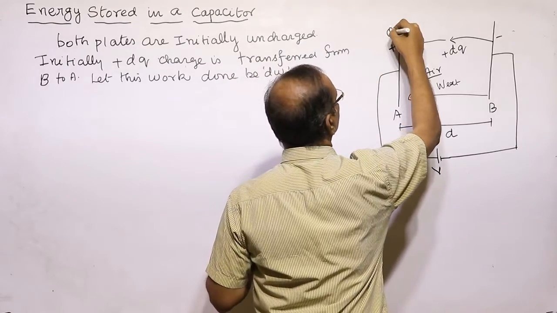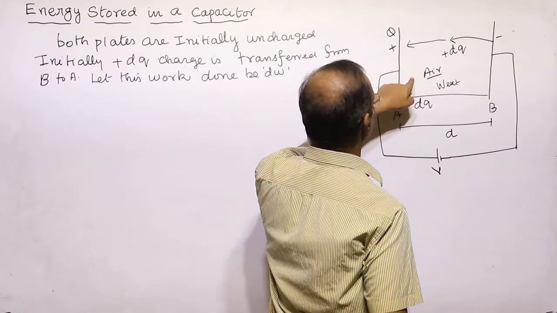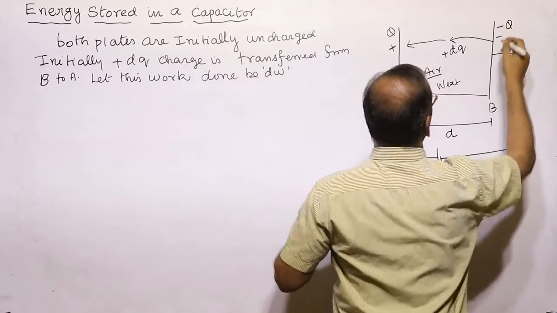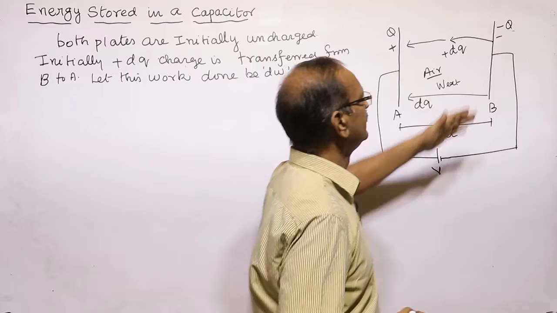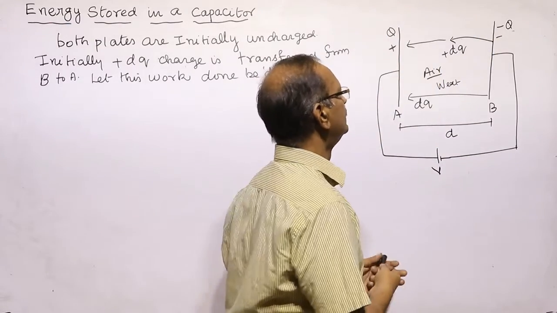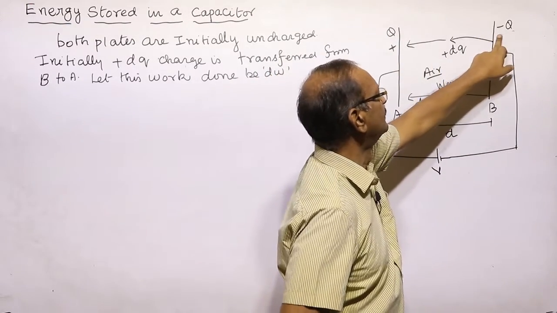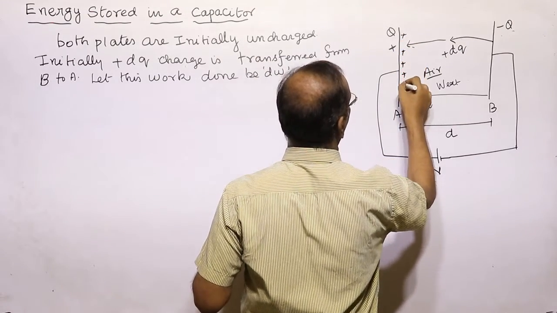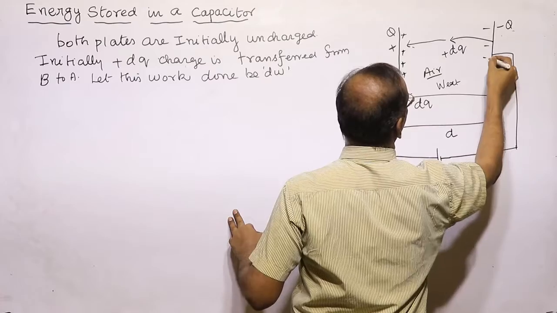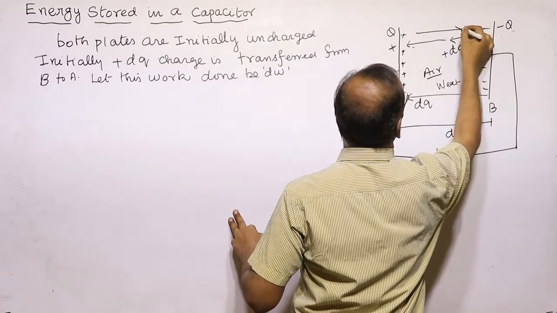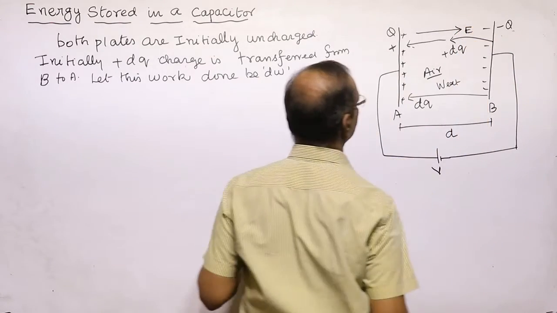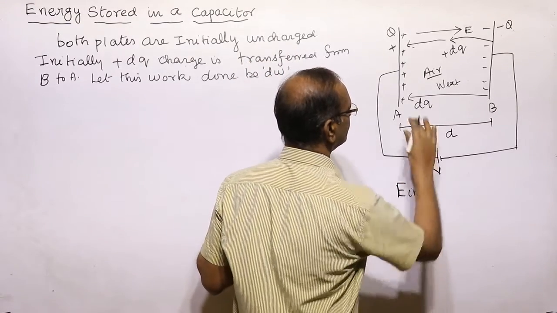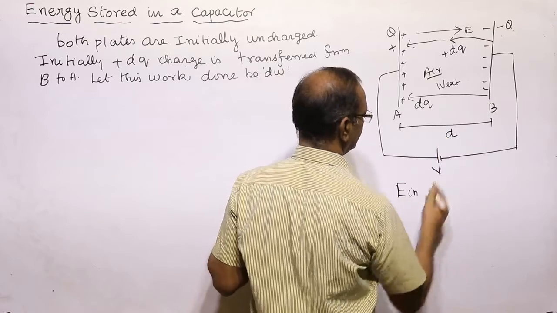So this plate goes from zero charge to a final charge of plus Q, and the other goes from 0 to minus Q. There is an electric field between the plates, from positive to negative charge, inside the dielectric.